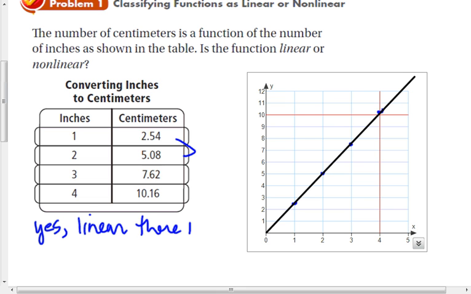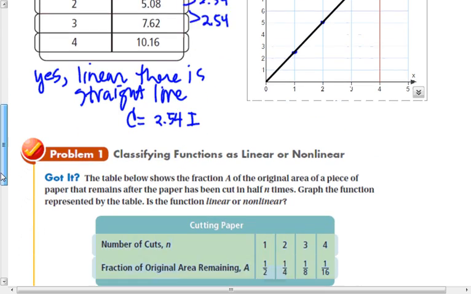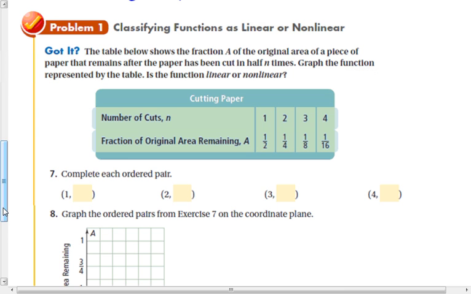There is a straight line. And if we look closely, we can see that we keep adding 2.54 for every inch. So there's 2.54 centimeters per inch. So we could write something like this. Centimeters equals 2.54 times the number of inches for our rule. And that's a linear rule. All right, you try that.